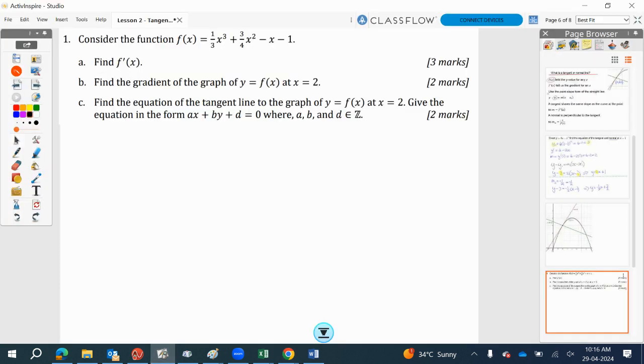For part A, we need f prime of x. What's the derivative going to be?